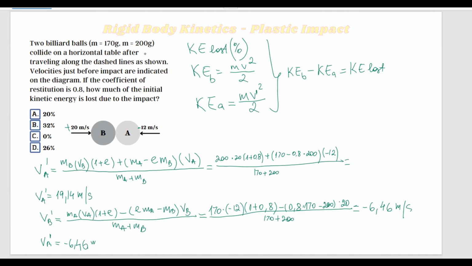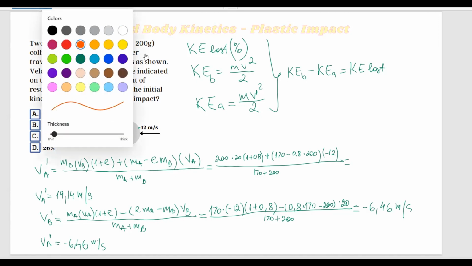So the only thing we did, we just took the formulas from the FE handbook and substituted everything we know. I think I'm just going to delete this part because I have to calculate kinetic energies. I'm going to write VA prime. Let me do this in a different color.